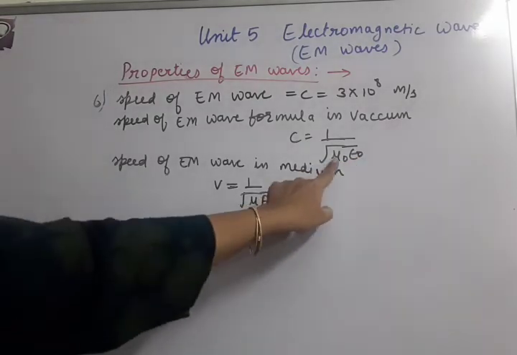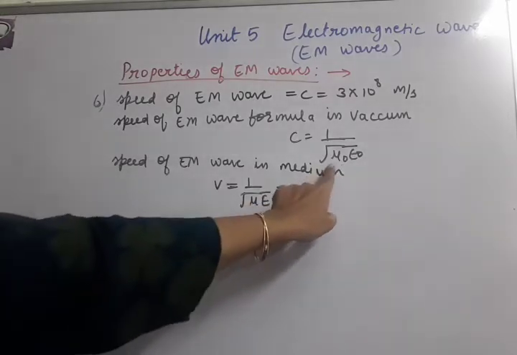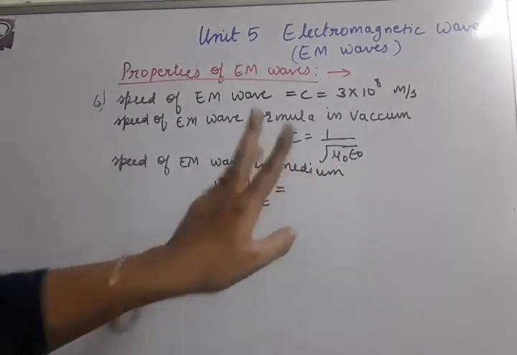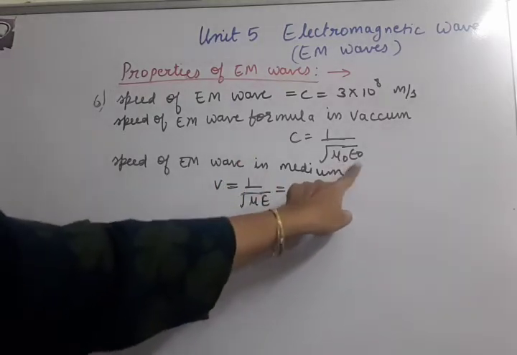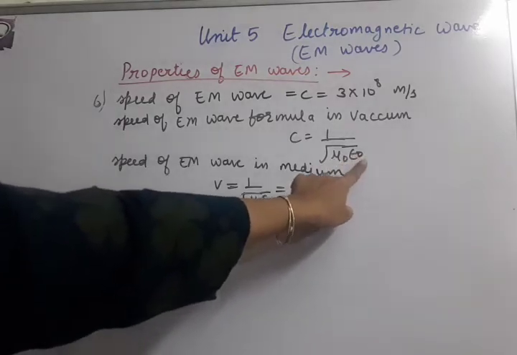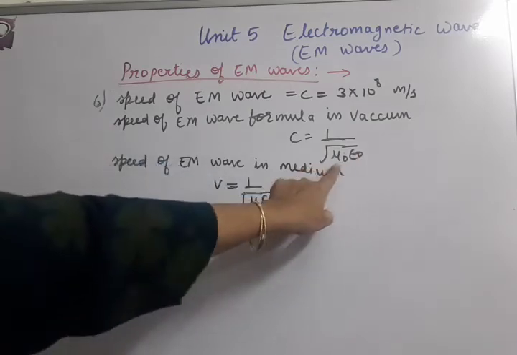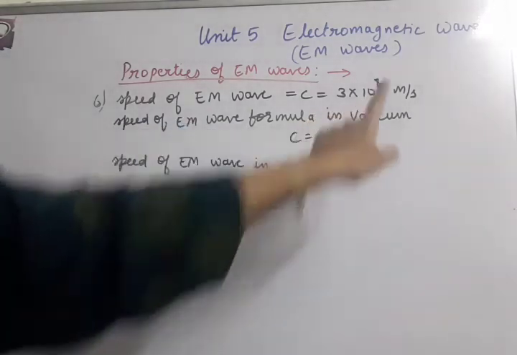So their properties, permittivity and permeability, are to be substituted here. We already know these are constants with fixed values. Mu 0 is 4 pi into 10 raised to power minus 7, epsilon 0 is 8.85 into 10 raised to power minus 12. If we substitute these values here, the answer for C will be this only.